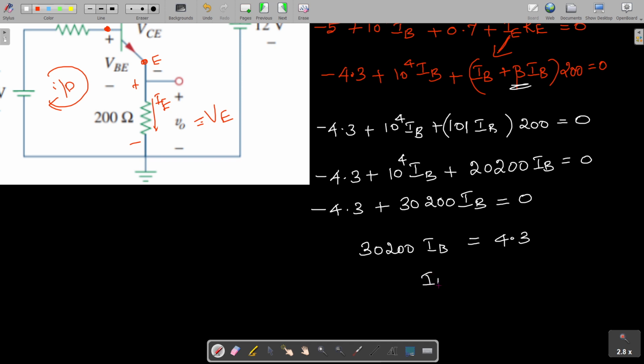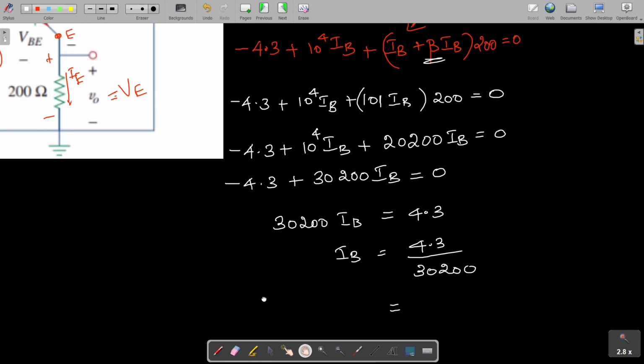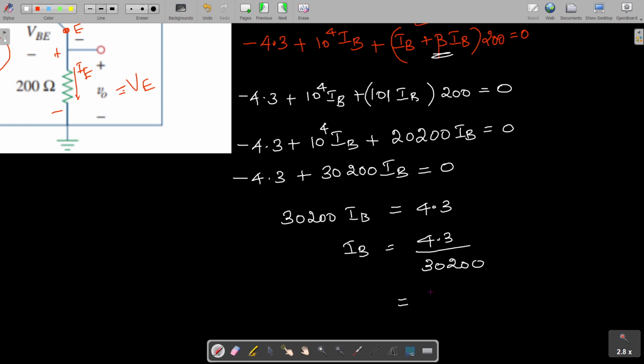IB is equal to 4.3 divided by 30,200. So for that we get the answer as 0.000142. So this much amperes we get.